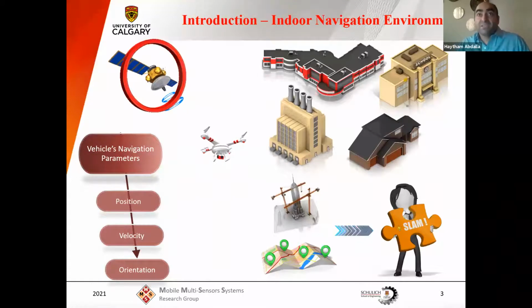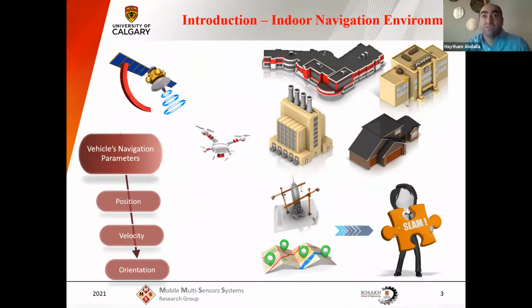SLAM needs to perform simultaneous processes at the same time: build the map and localize itself inside this map simultaneously. The problem here is that the vehicle flies inside an unknown environment. It doesn't know anything about the environment.